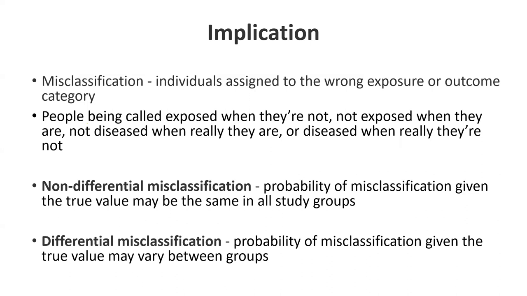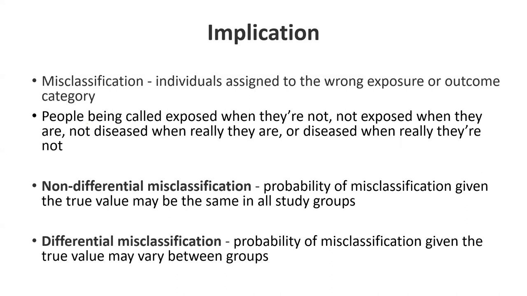Usually it is said that if there is non-differential misclassification, meaning in both comparison groups the errors are occurring equally, then your estimates are going to be pulled towards the null. And if there is differential misclassification, that is, the information bias is occurring in one group, say the case group or control group, or the exposed or the unexposed group, then we cannot predict the magnitude or the direction of the effect of this misclassification on the effect estimate.